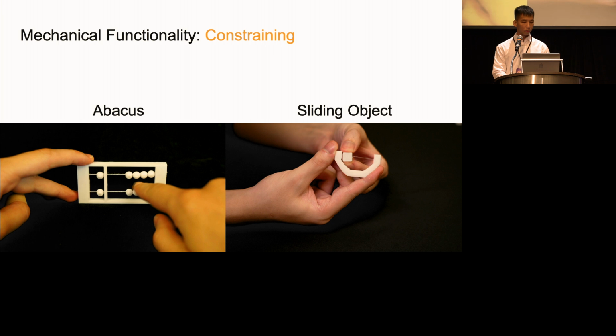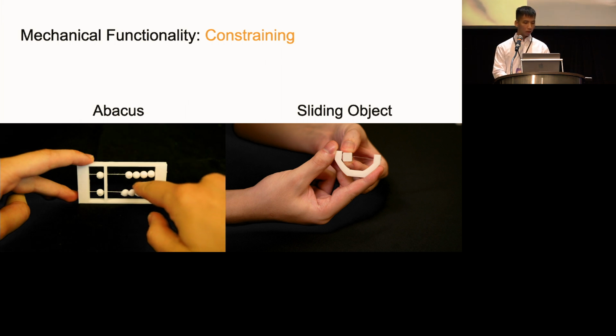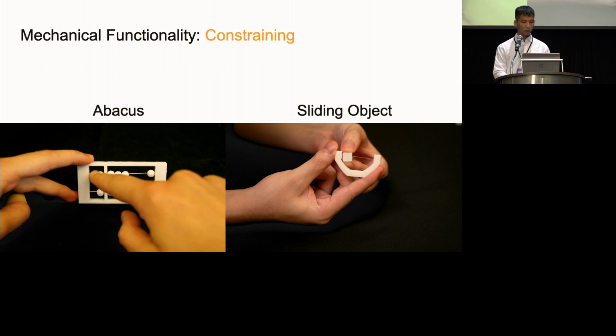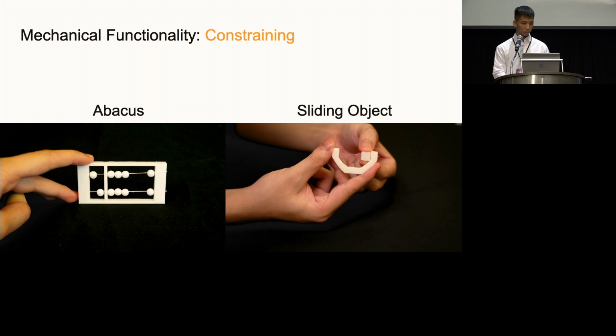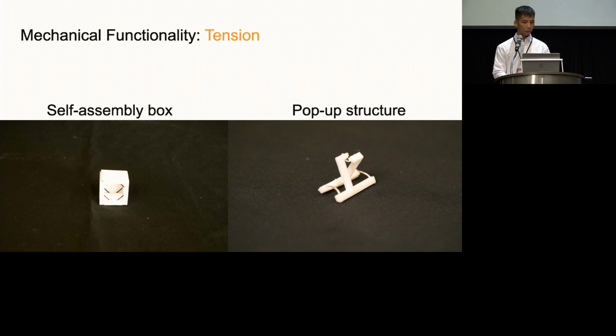The fibers can perform mechanical functionality. In these two examples, we use fibers to constrain the 3D printed parts, making the parts slide on the string. And besides constraining the parts, we use elastic fiber to provide tension.